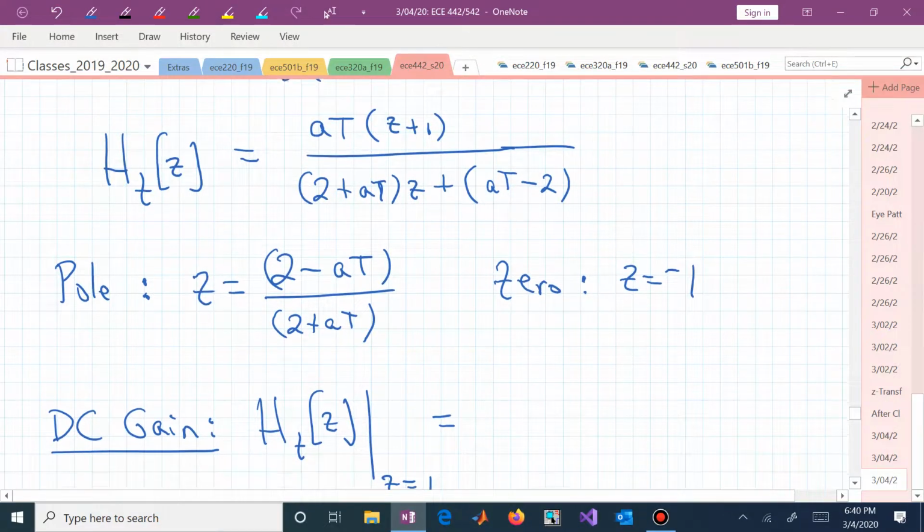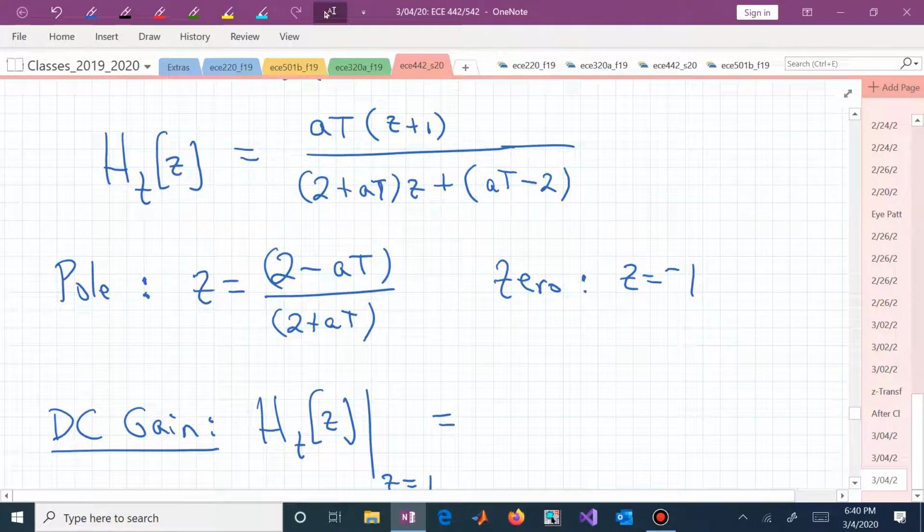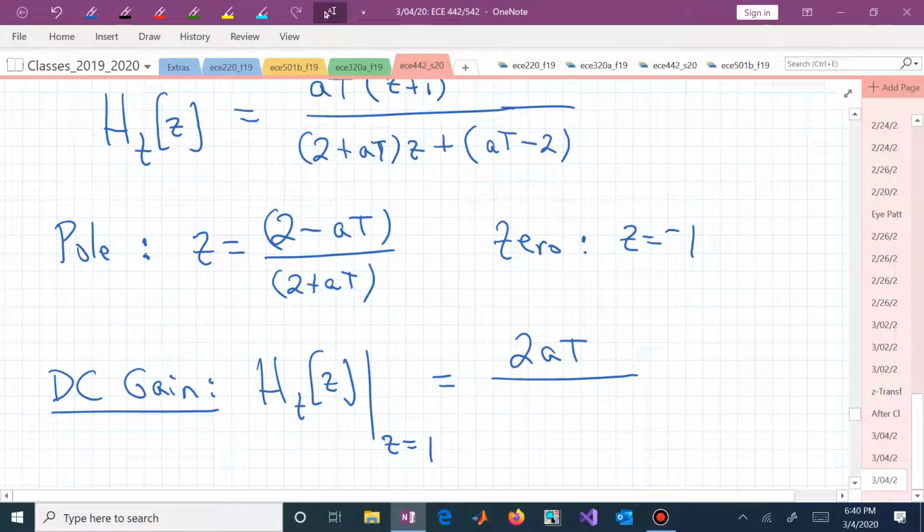We replace z with 1, and we now have 2at upstairs, adding 1 plus 1 in parentheses. Downstairs we have 2 plus at plus at minus 2. We have 2at over 2at, or 1.